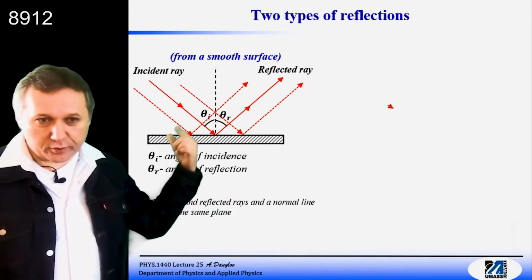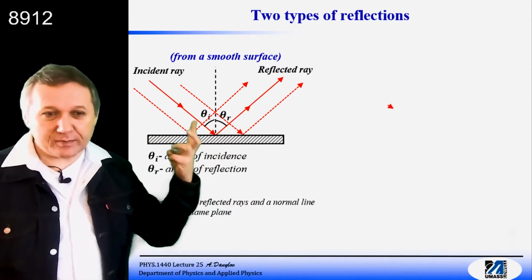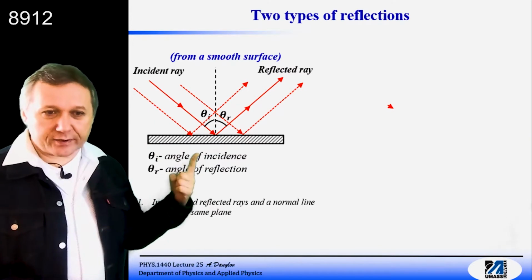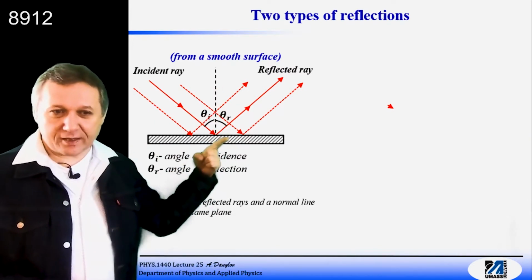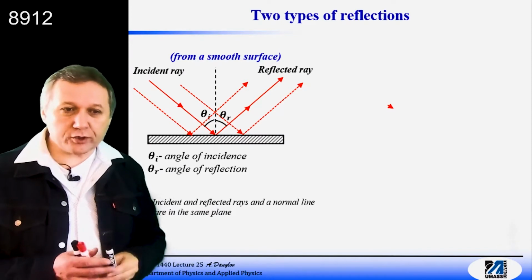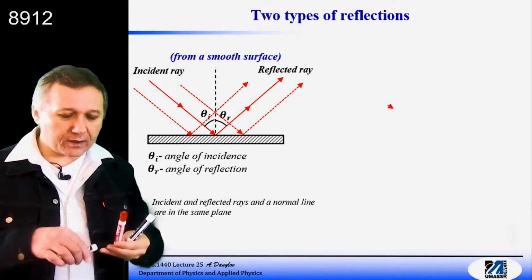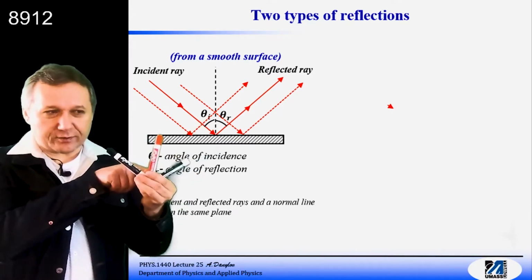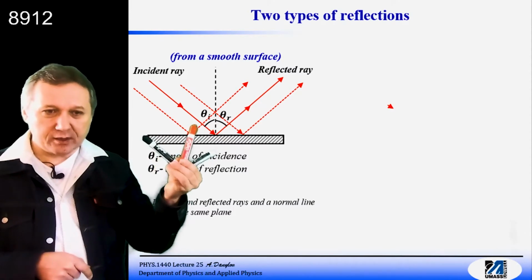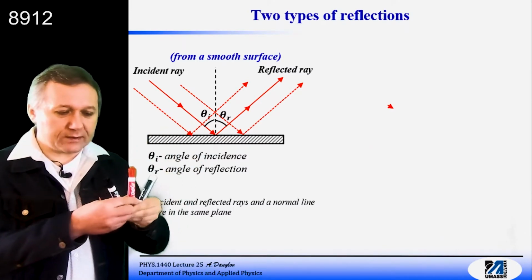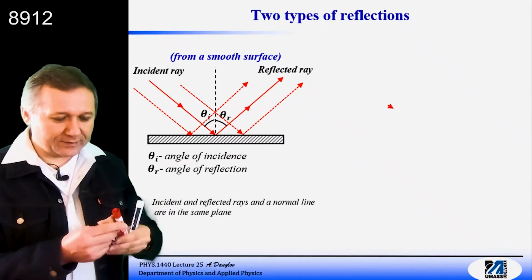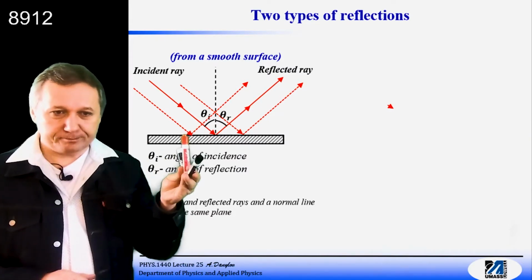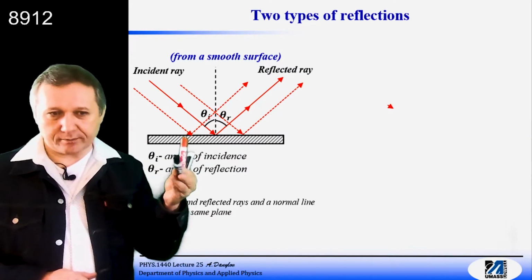during the process of reflection, we have basically three directions: incident ray, normal line, and reflected ray. And according to this law of reflection, all these three directions must lie in the same plane.